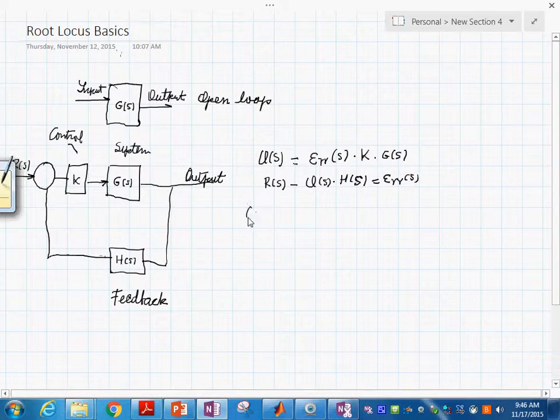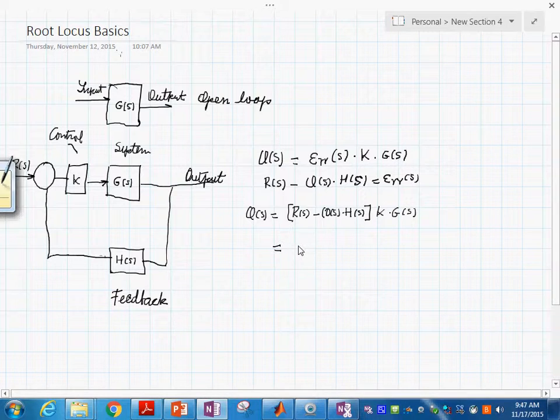So what I would do is we say output of s is equal to the error of s, which was r of s minus output of s times h of s, times k times g of s. Now we just have to play with algebra a little bit, and you'll see what we get.